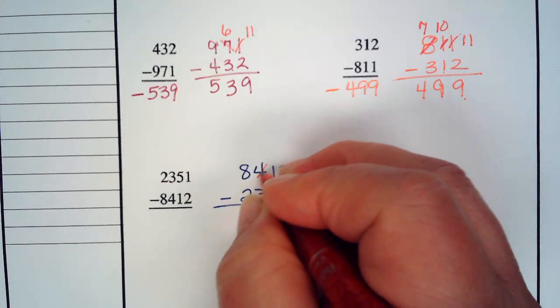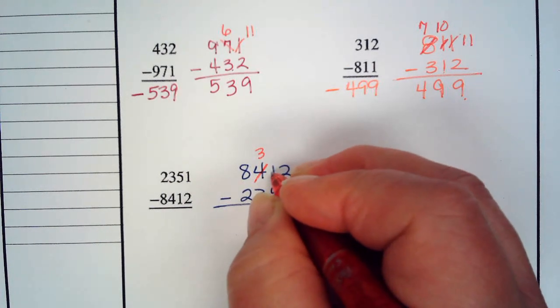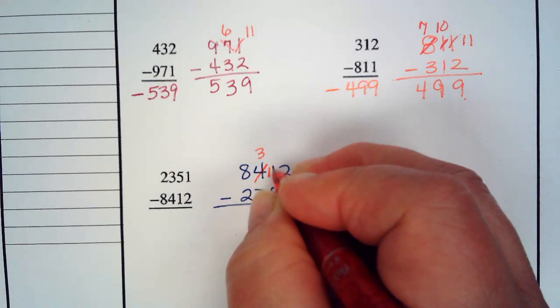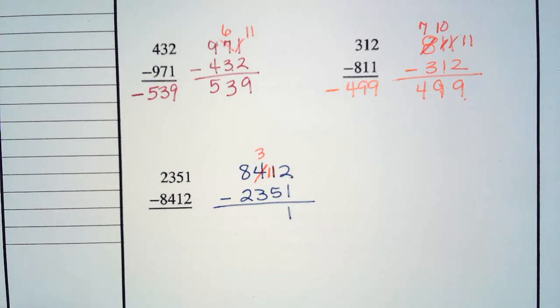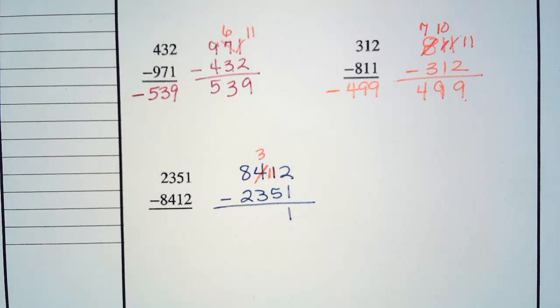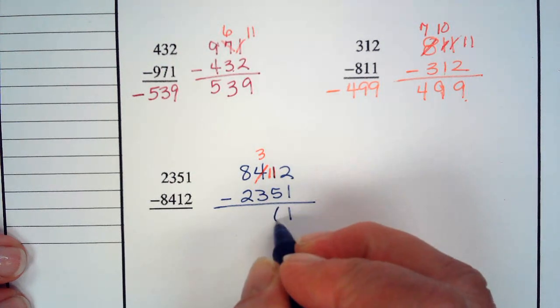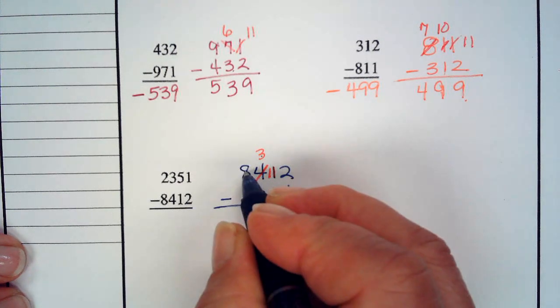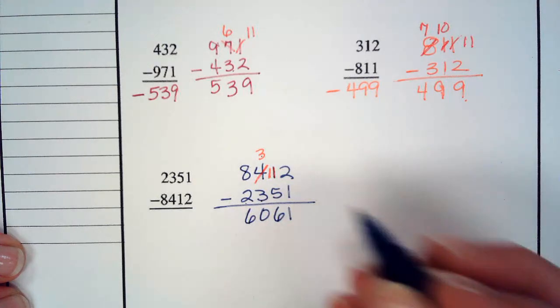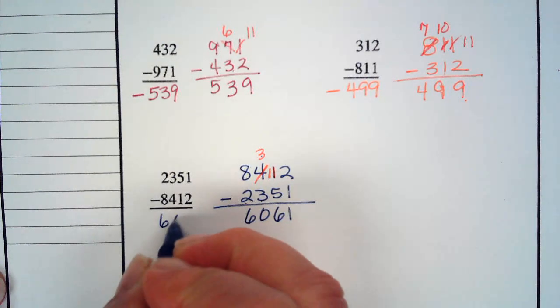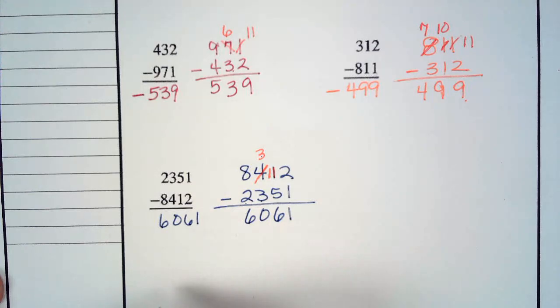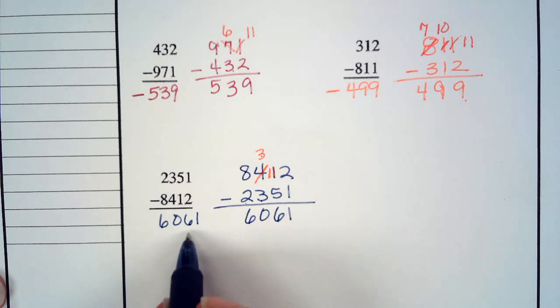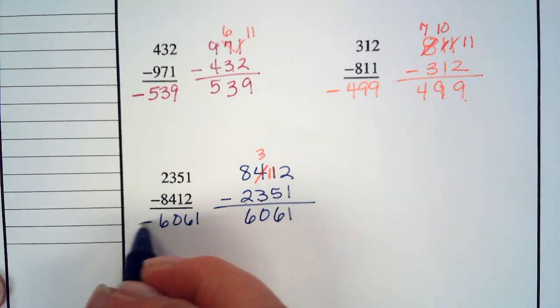I've got to borrow from the 4. Now I can do the next step. 11 minus 5 is 6. 3 minus 3 is 0. 8 minus 2 is 6. Positive or negative? 6,061. Positive or negative? Negative. Negativo.